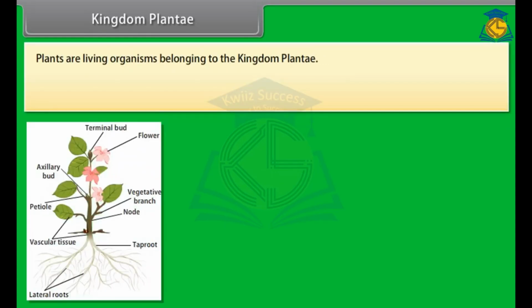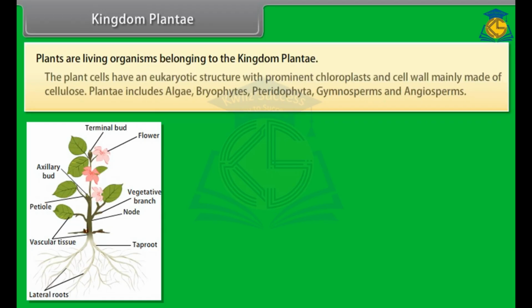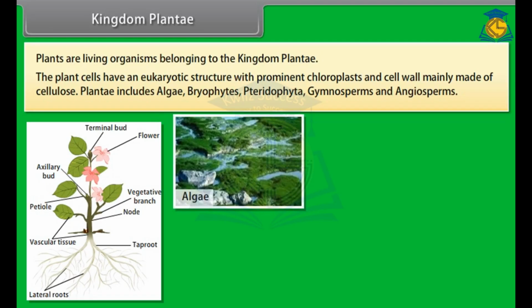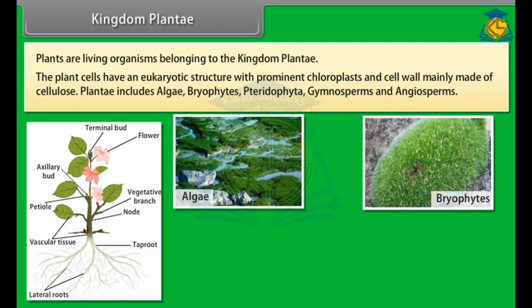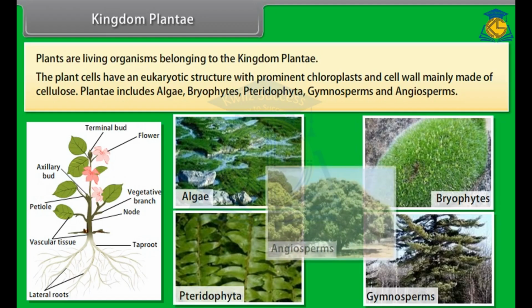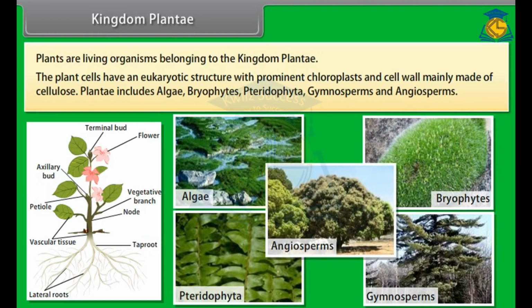Kingdom Plantae. Plants are living organisms belonging to the kingdom Plantae. The plant cells have a eukaryotic structure with prominent chloroplasts and a cell wall mainly made of cellulose. Plantae includes algae, bryophytes, pteridophytes, gymnosperms, and angiosperms.